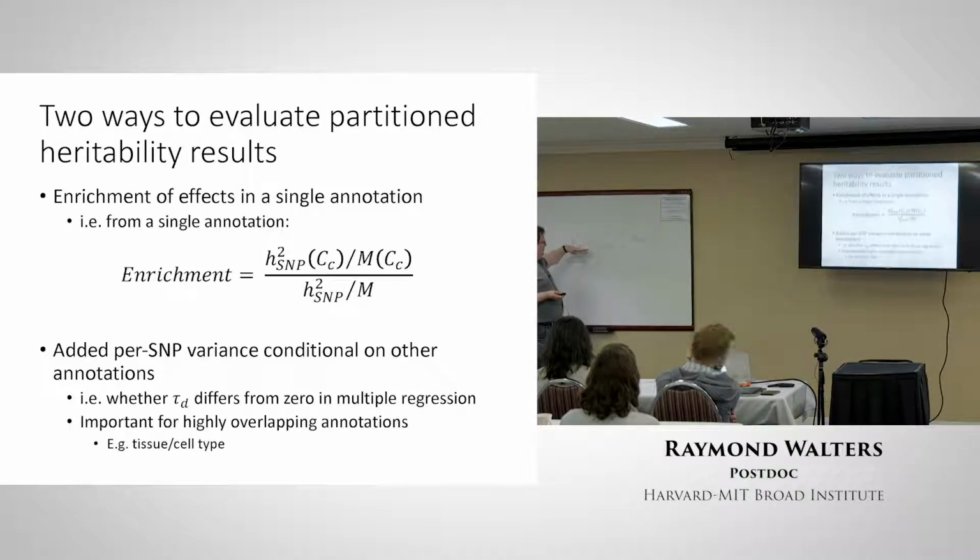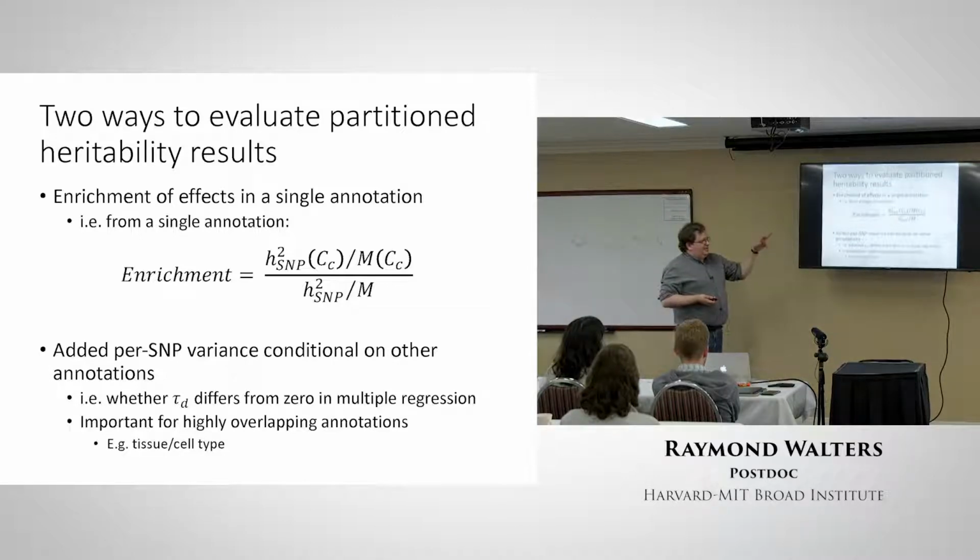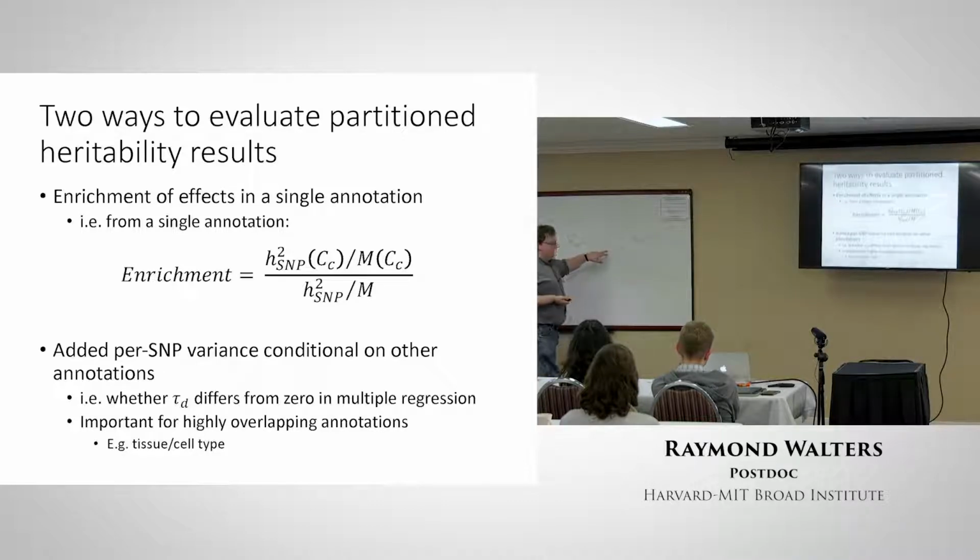When we look at the total SNP heritability for the coding category, we'll want to incorporate the effect that is modeled by that tau for the conserved category. So we sum over all those annotations for the SNPs that are in that category to get this quantity. And that's the quantity that then plugs into this measure of enrichment: the heritability per SNP in category C, where M_C is just the number of SNPs that are elements of that category, relative to the total genome-wide SNP heritability per SNP.